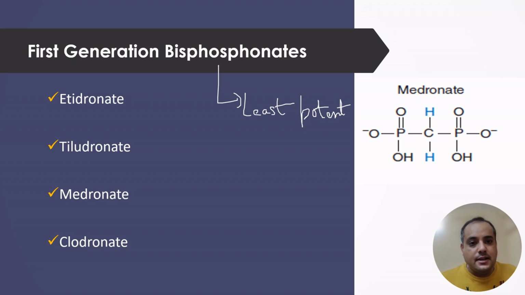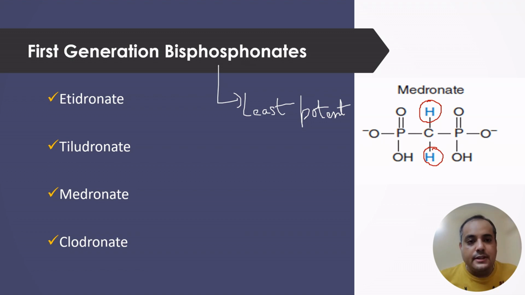In the normal structure of bisphosphonate you had R1 and R2, and for first generation bisphosphonates R1 and R2 are replaced by simple 2 hydrogen atoms. So the first generation bisphosphonates have the least potency as well as the least complicated structure.